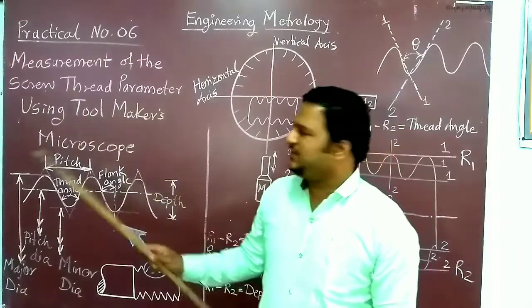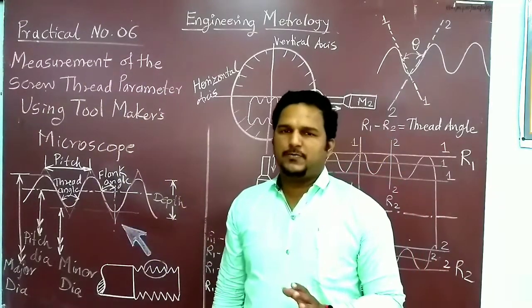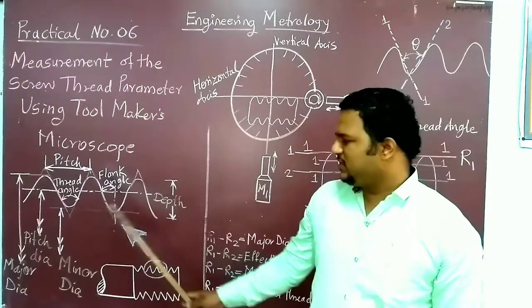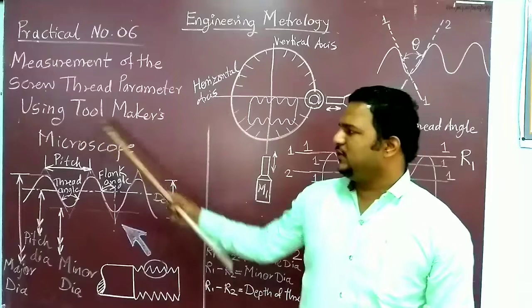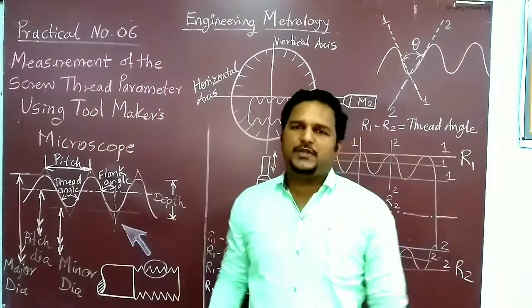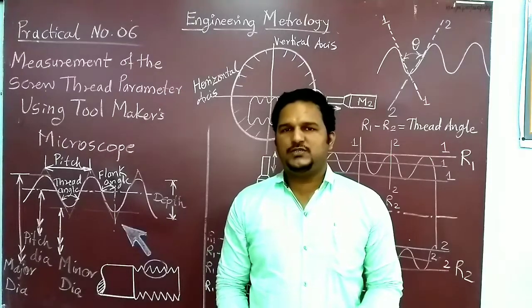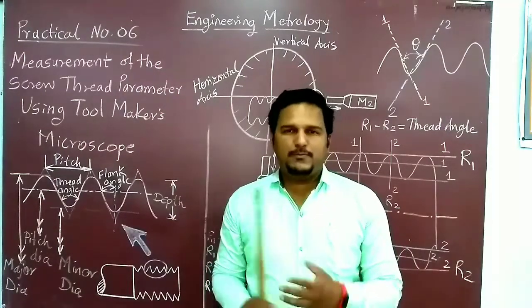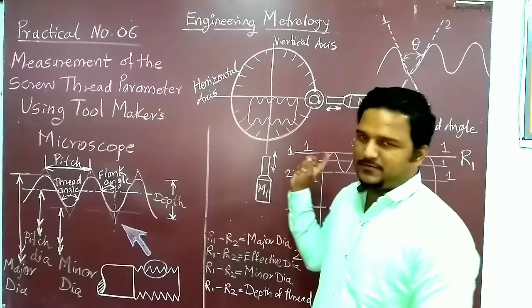So the practical outcome is we need to measure the screw thread parameters, most probably the diameters, measure minor diameter and effective diameter, or you can say pitch diameter, by using toolmaker's microscope or optical profile projector. In the second half of the video, we are now going to see the practical demonstration on the profile projector, how we are going to measure each parameter.